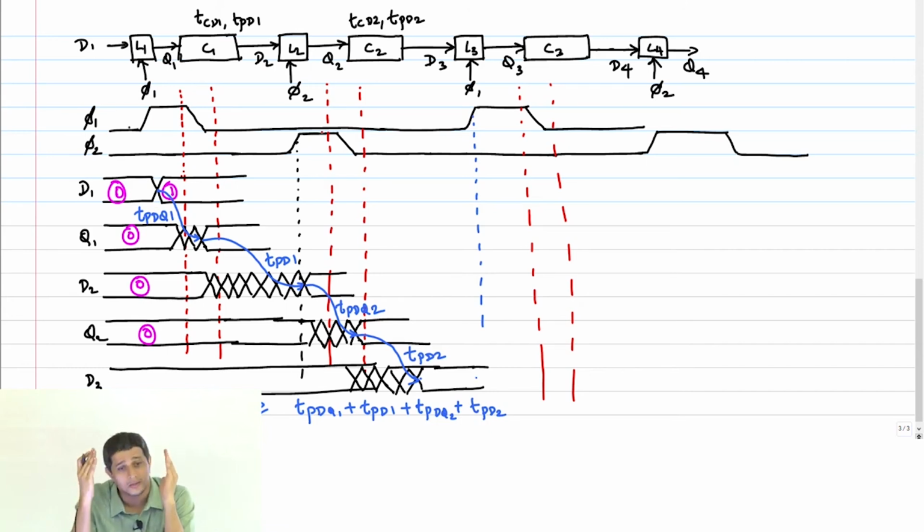No. That's what I said. Look at where my violation window is. The violation window is on the falling edge. The latch samples when the clock falls, not when the clock rises.